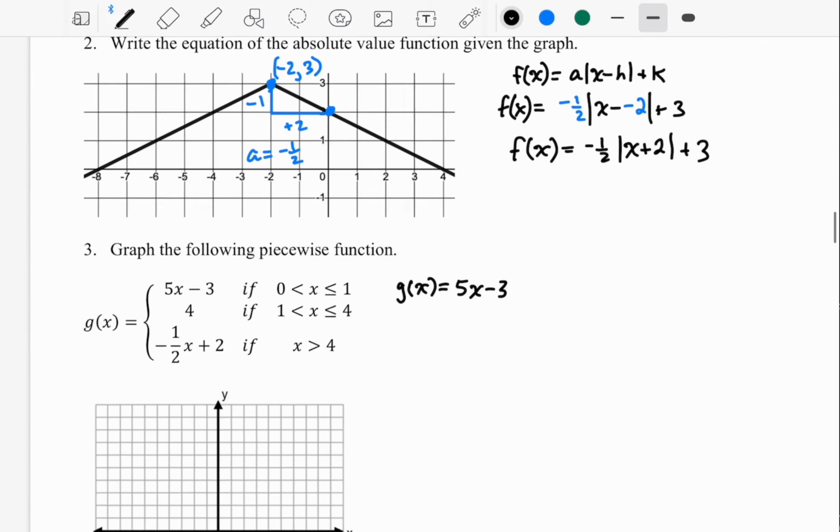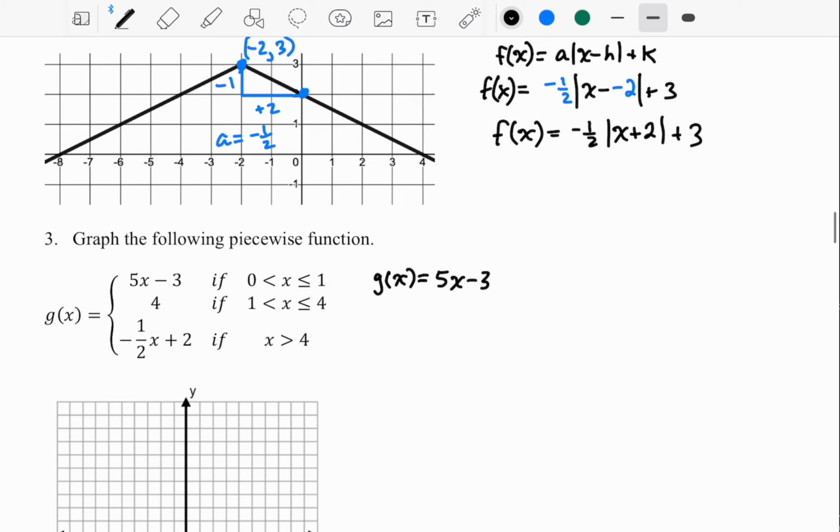You could do this a couple of different ways. We did it using a table approach, but we also did it using just kind of a slope y-intercept, erase the parts that you don't need approach. But we do have g of x equaling 5x minus 3 sometimes. Other times g of x is equal to 4. And still other times g of x is equal to negative 1/2 x plus 2.